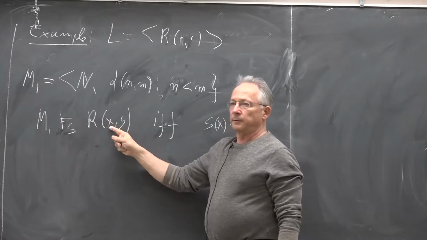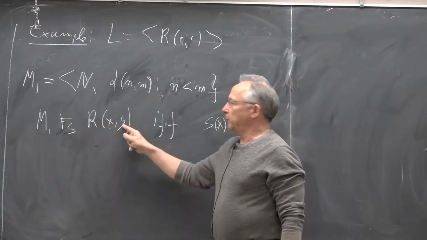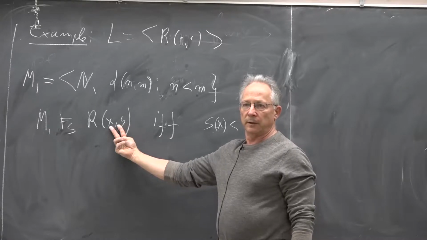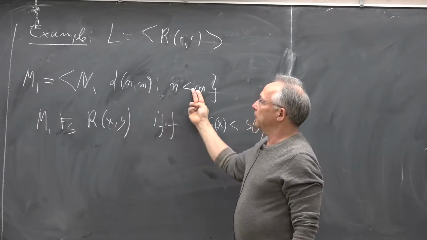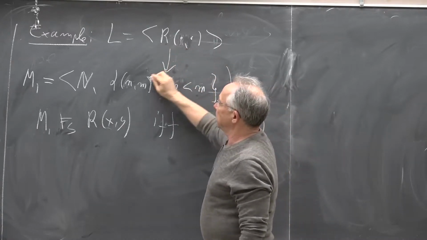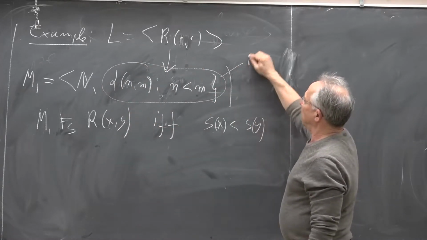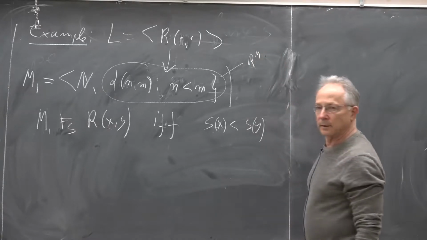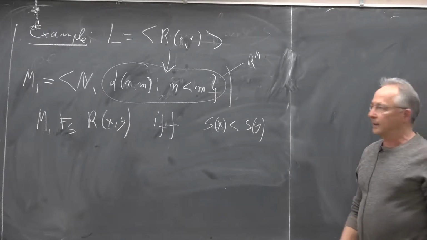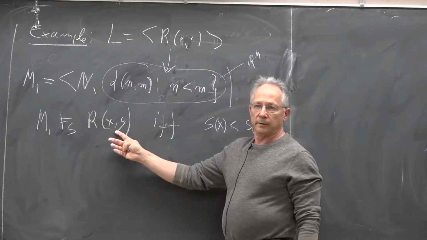I put here what S assigns to x, I put here what S assigns to y, and I check whether these two elements of the structure belong to the interpretation of the relation R. This is R in my structure: the set of all tuples for which I say that the relation R holds.